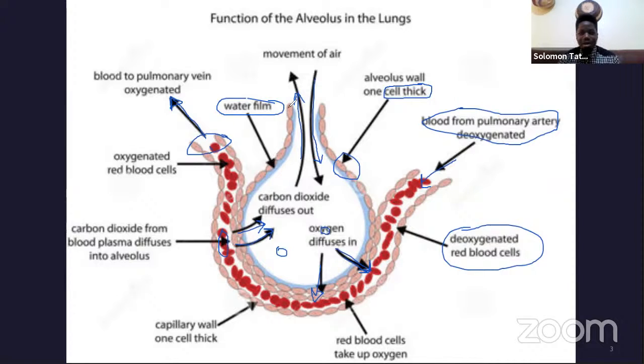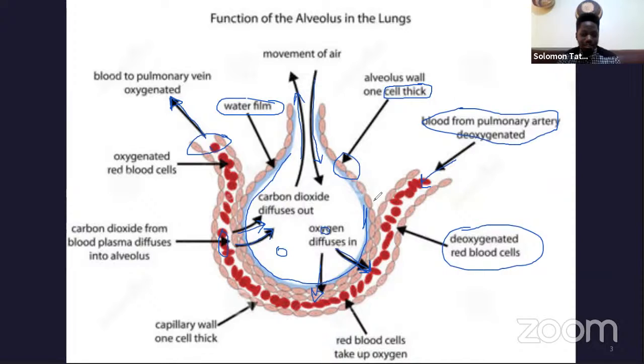Remember its properties. It is very moist due to this water film here. And its walls are one cell thick. Very thin. Like I said, the cell is very, very small, so for any wall or membrane to be one cell thick, it means it is very thin.